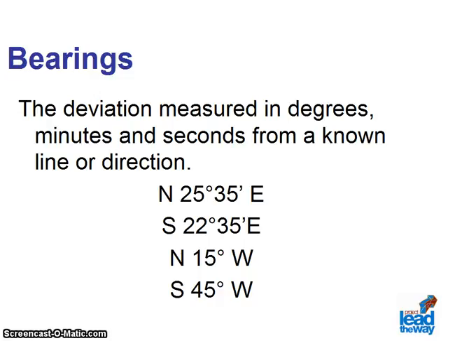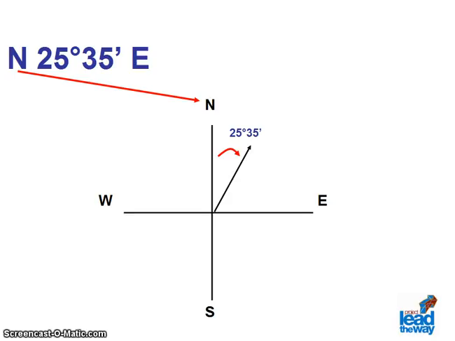Some examples would be north 25 degrees 35 minutes east, south 22 degrees 35 minutes east, north 15 degrees west, south 45 degrees west. Let's think of this physically. North 25 degrees 35 minutes east means to stand at the origin of a compass and face north.